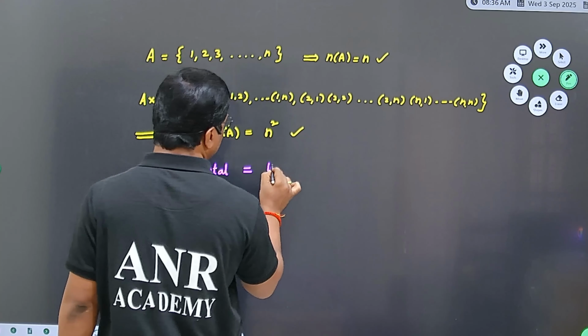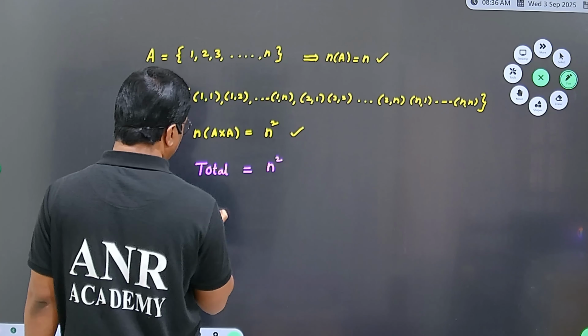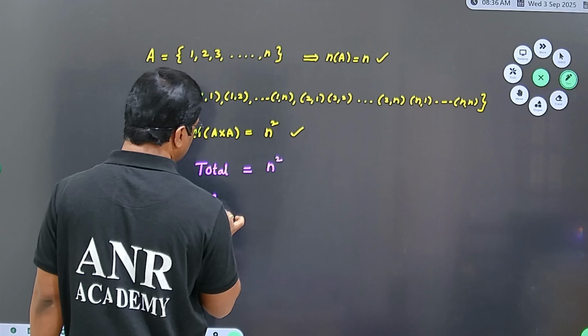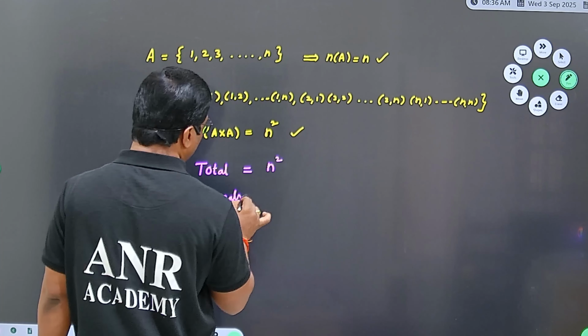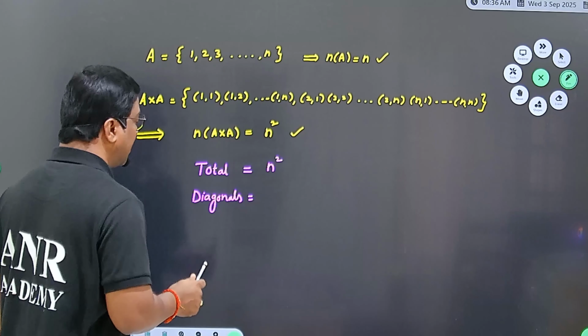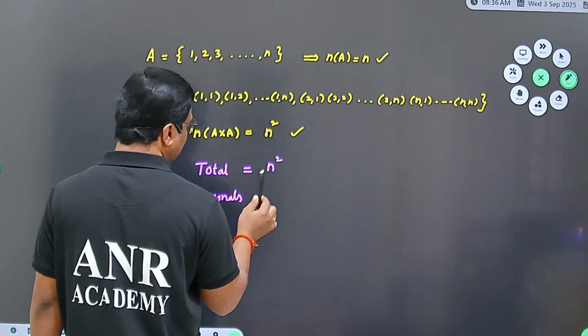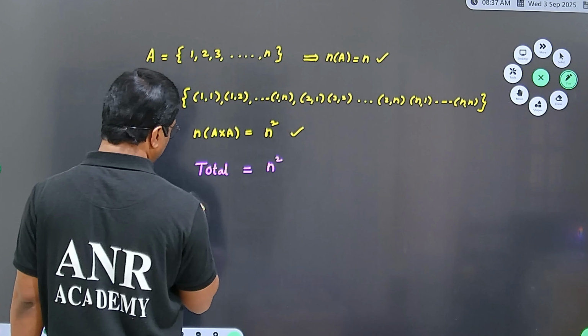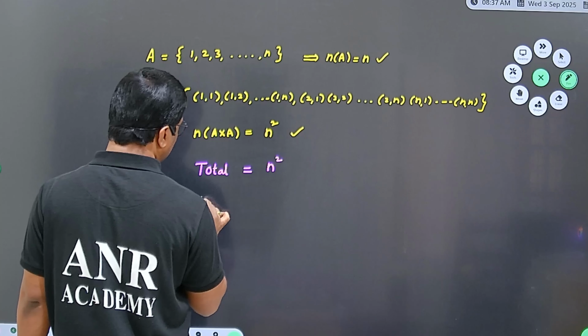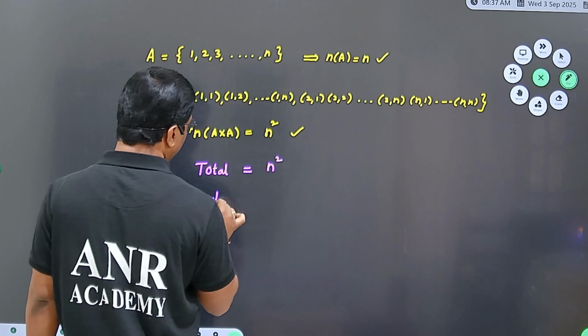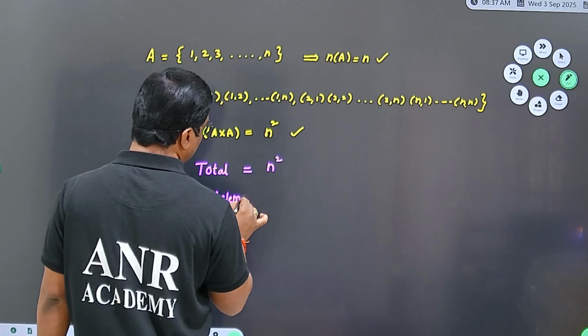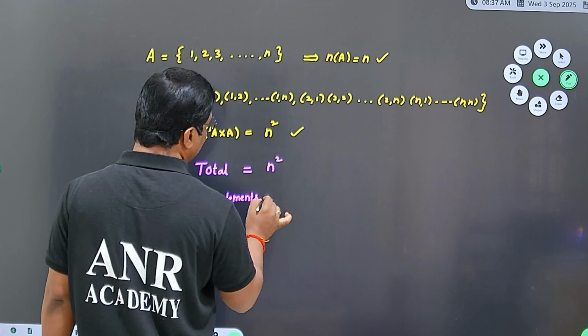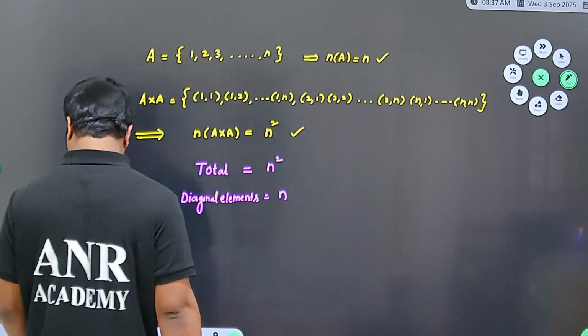Total pairs n square, in which how many diagonal entries are there? Total elements. Next I am going to write diagonal elements. Diagonal elements are n.